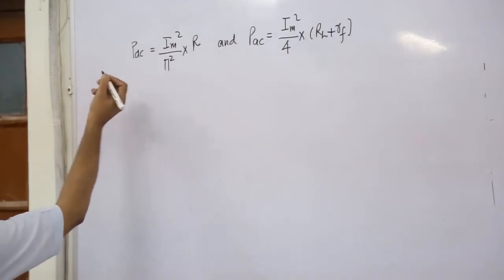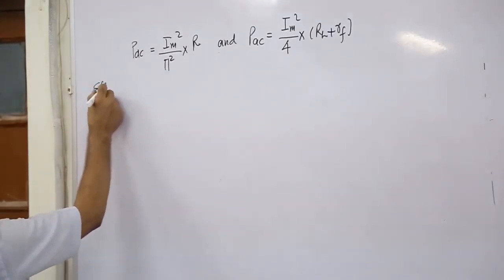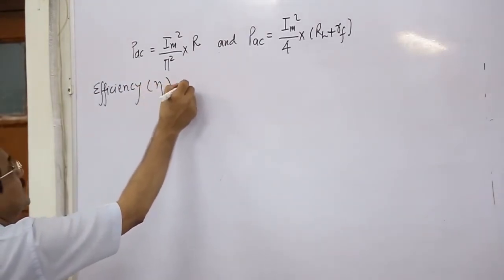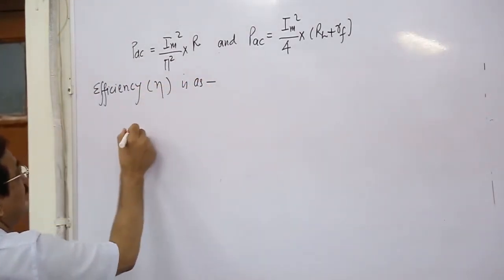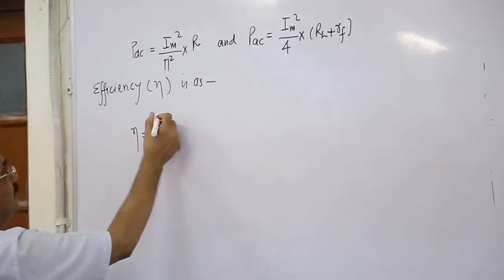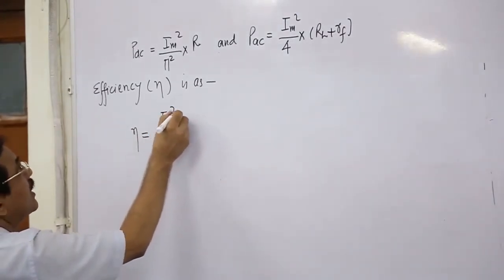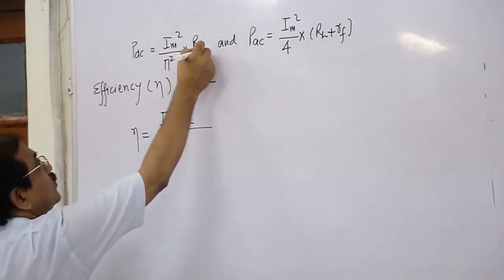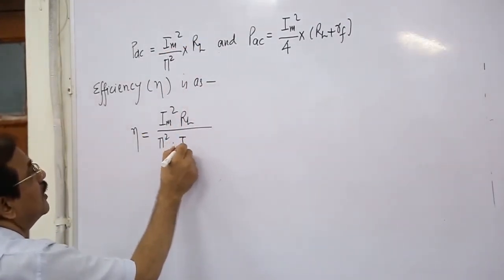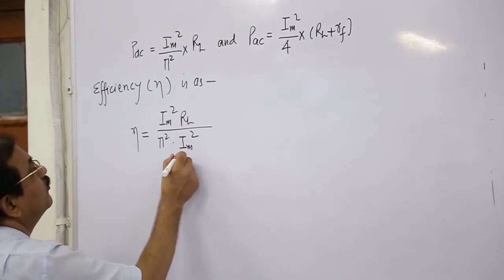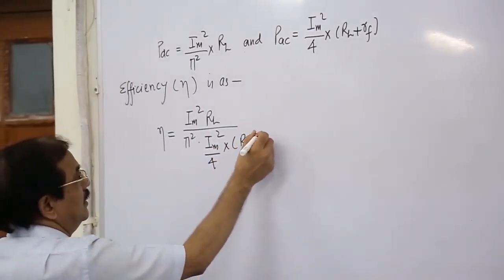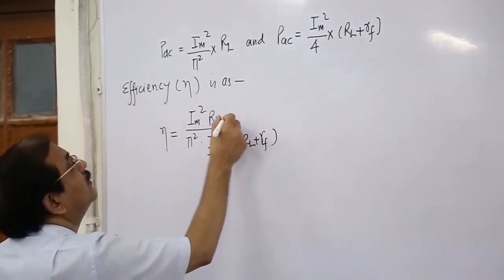So, efficiency eta is equal to this Im square over pi square RL, this is load, into Im square over 4 into RL plus RF into 100.